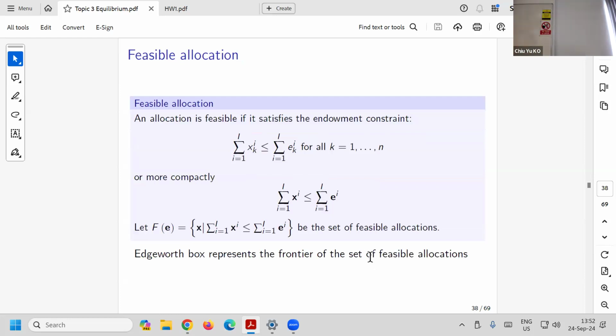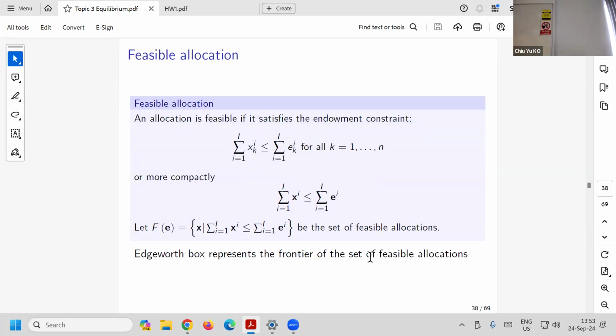And the first thing is feasibility. You have to write down the problem in this standard way, to tell what kind of outcome is feasible, right? Feasible means that no one consumes more than we have. So adding every consumer's consumption of good K should be less than or equal to what they have of commodity K in aggregate, right?